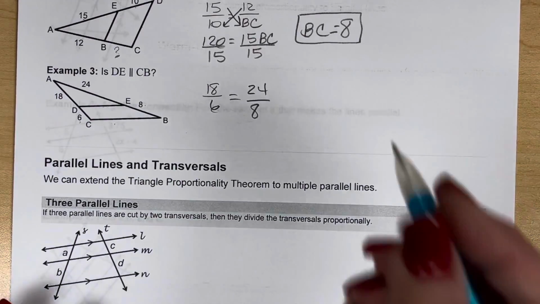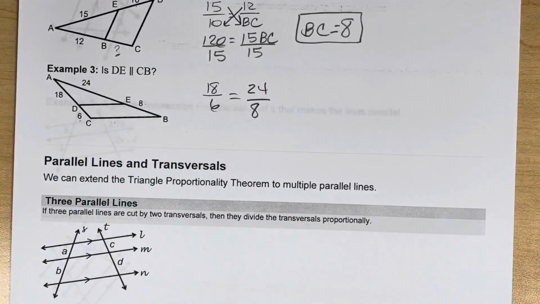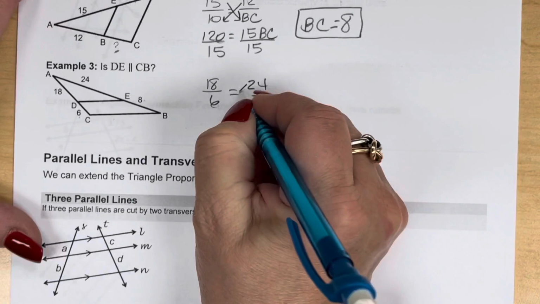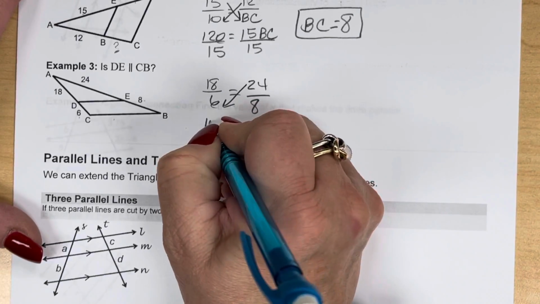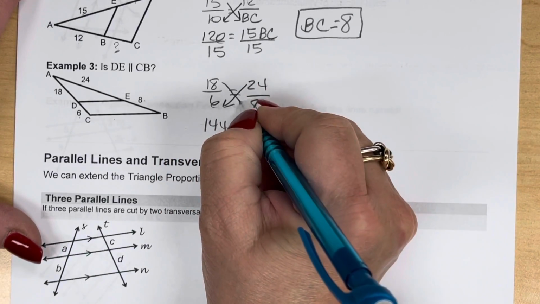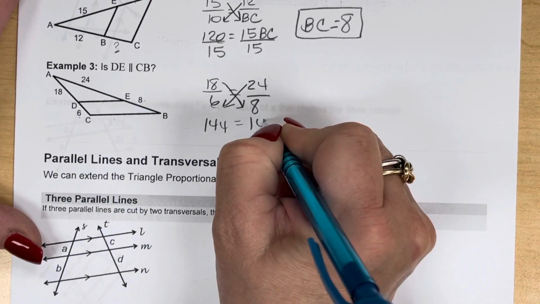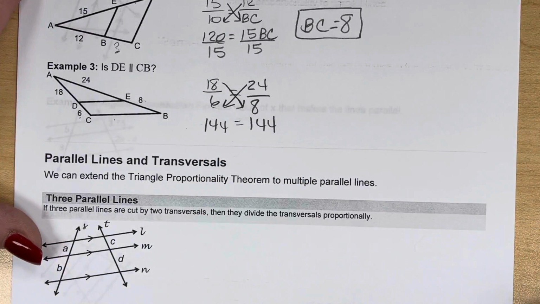And you could then, lost my calculator, here we go. And then you can take it through there and cross multiply and go through here. 24 times 6 is 144. 18 times 8 is 144. That's one way to do it.